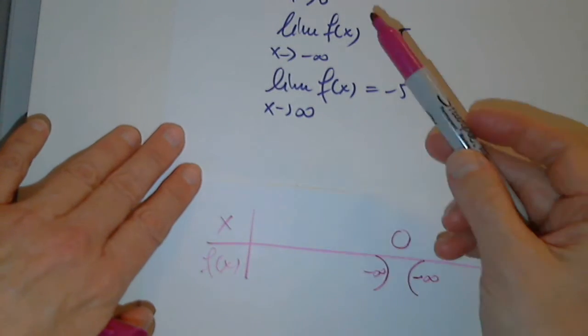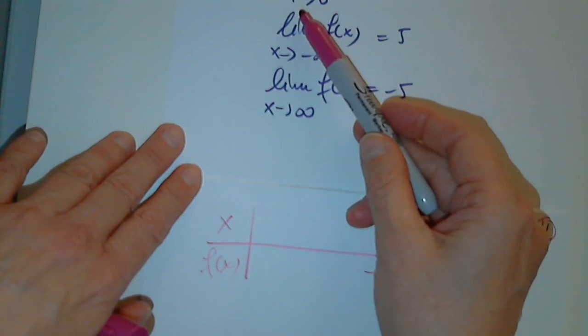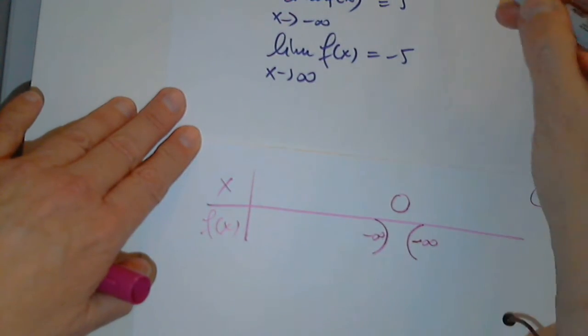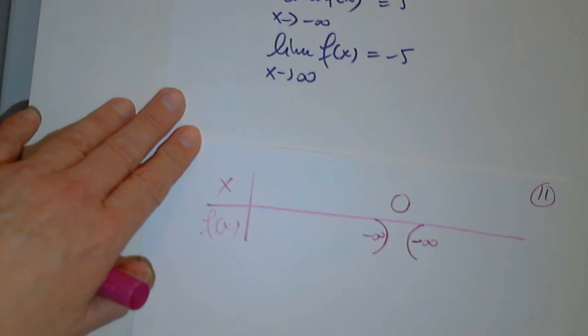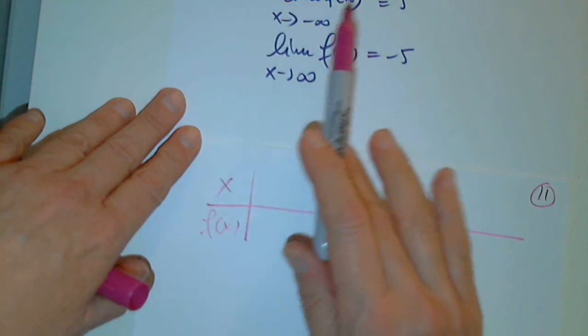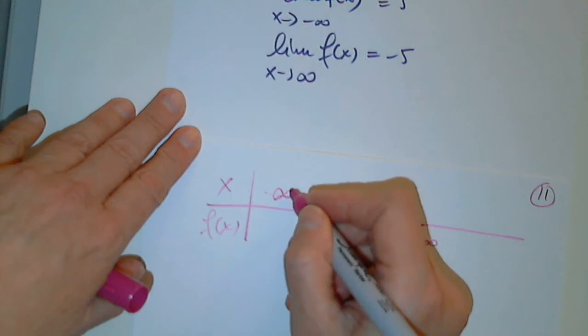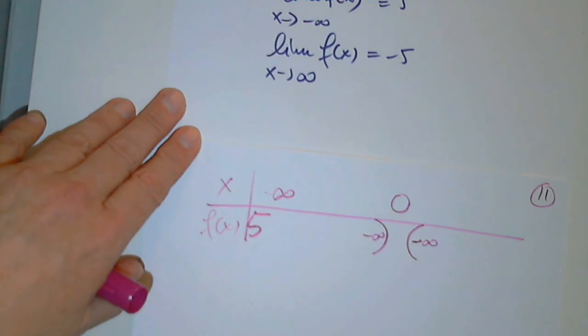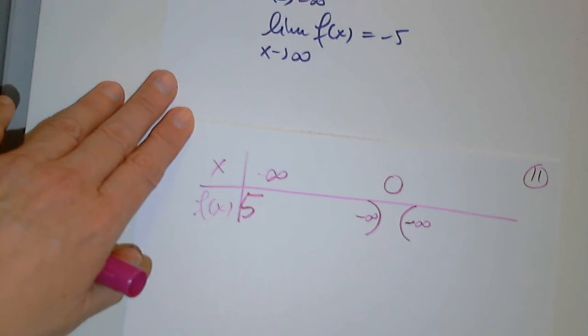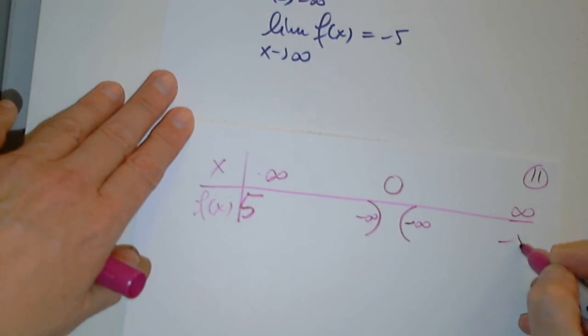So the information one more time, limit from either side of 0 is -infinity. Done. Limit of f of x as x approaches -infinity is 5. Done. Limit of f of x as x approaches infinity is -5. Done.